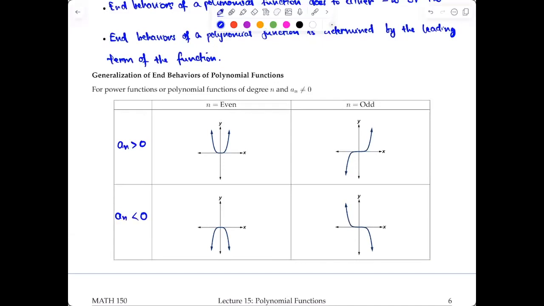All right, so these are the notations that we usually use to describe the end behavior. That is, f of x goes to positive infinity as x goes to negative infinity.